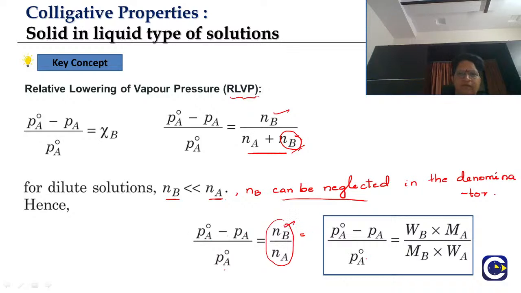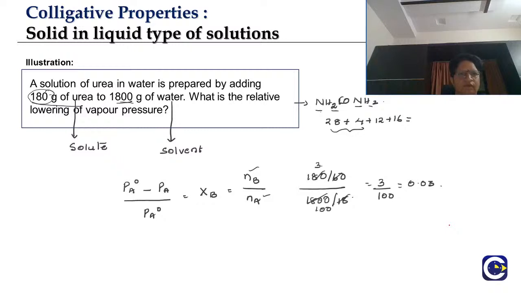Number of moles of solute is weight of the solute by molecular weight. Number of moles of solvent is weight by molecular weight. See, the question is given: a solution of urea in water is prepared by adding 180 grams of urea solute to 1800 grams of solvent. So how do I write? What is the relative lowering of vapor pressure?